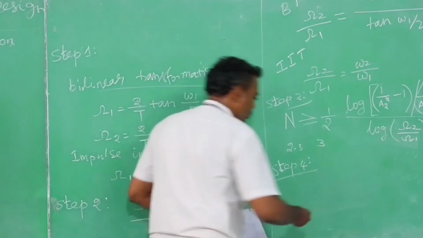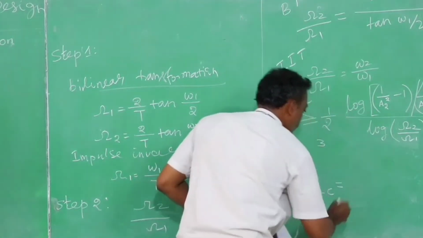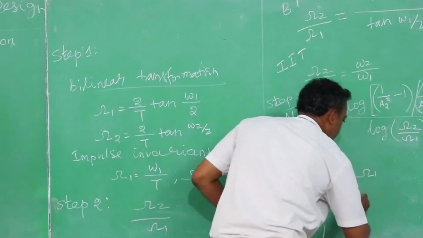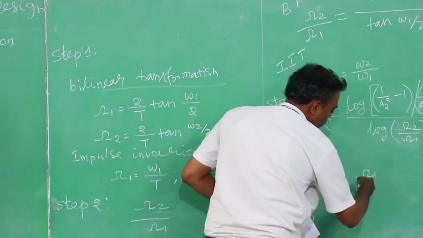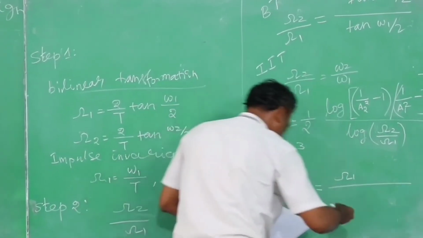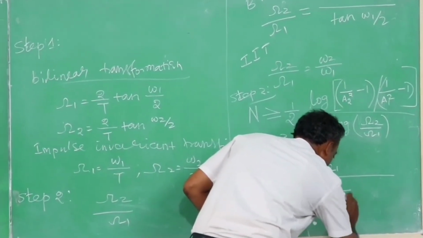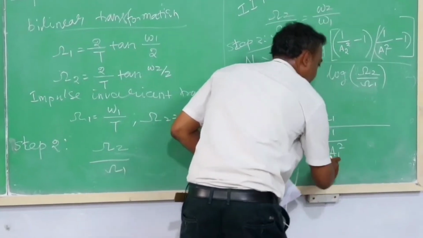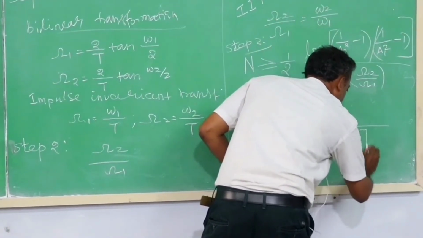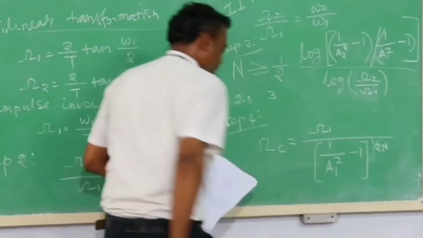The cutoff frequency of the low pass filter is expressed as ohm C equal to ohm 1, the passband edge frequency in analog, divided by (1 by A1 square minus 1) to the power 1 by 2n, where n is the order of the filter.